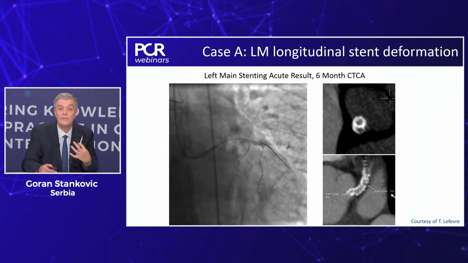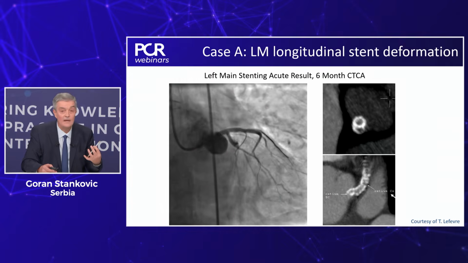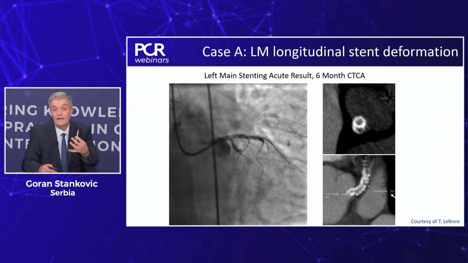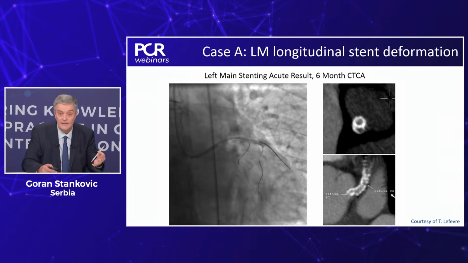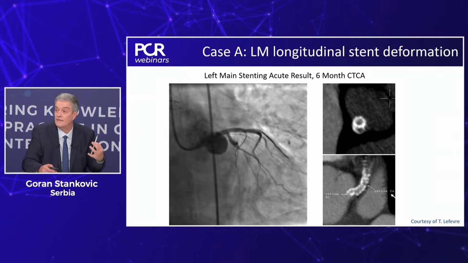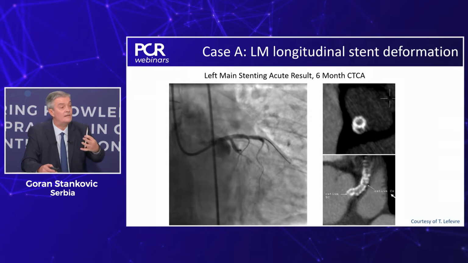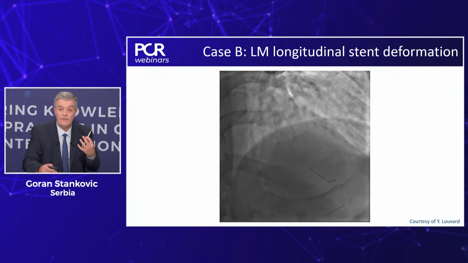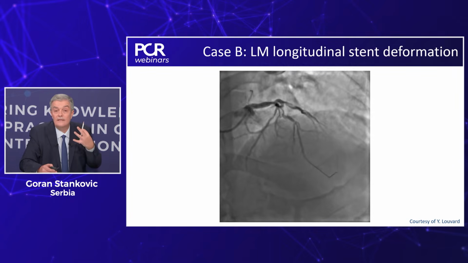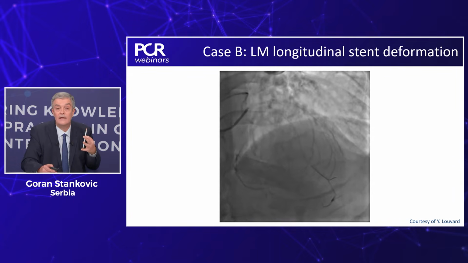And we learned from the EXCEL IVUS sub-study that this is not rare. Longitudinal deformation was present in 6.7% of left main stents in the EXCEL and correlated with adverse outcome, even with mortality. So we need to be careful. And how it occurs, this is case B, the second case.